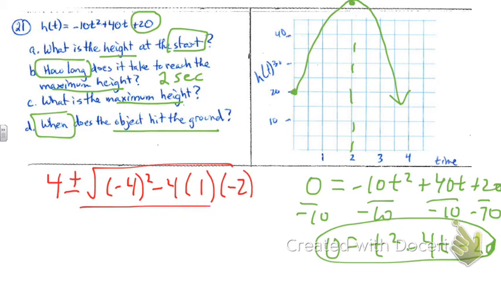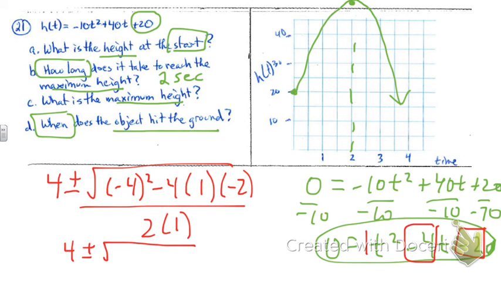Now, one thing you can do to help yourself out is to write a, b, and c out first. Make sure you don't mess that up. So I have 4 plus or minus square root of 24 over 2. Square root of 24 is not a nice number. It's not a perfect square. It's close to 5, but it's not quite equal to 5.